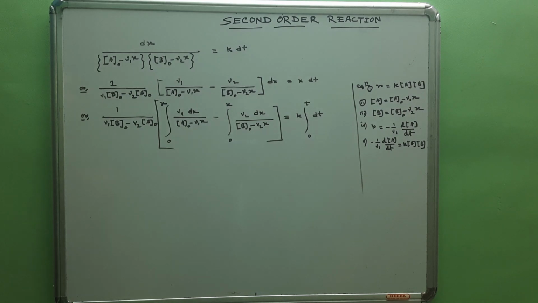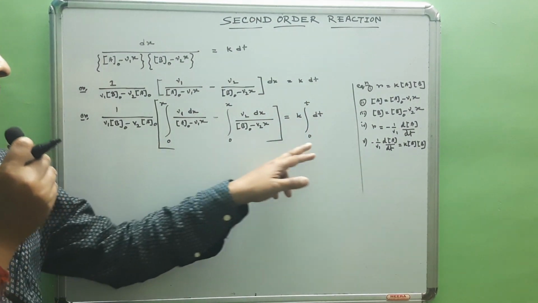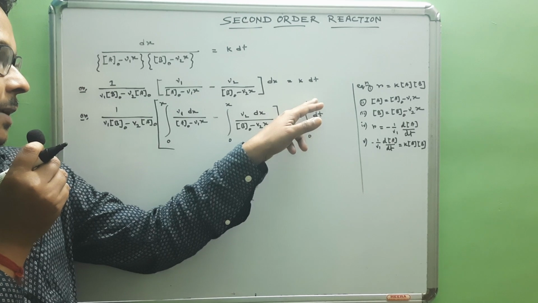Okay, and t runs from 0 to t. This is the lower limit of time, and this is the upper limit of time.